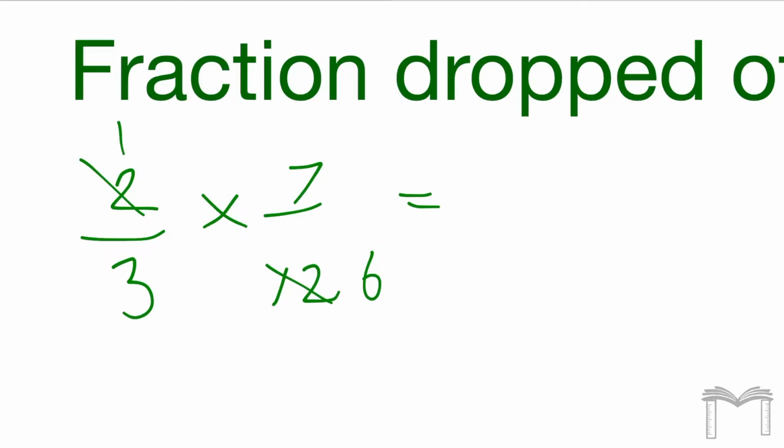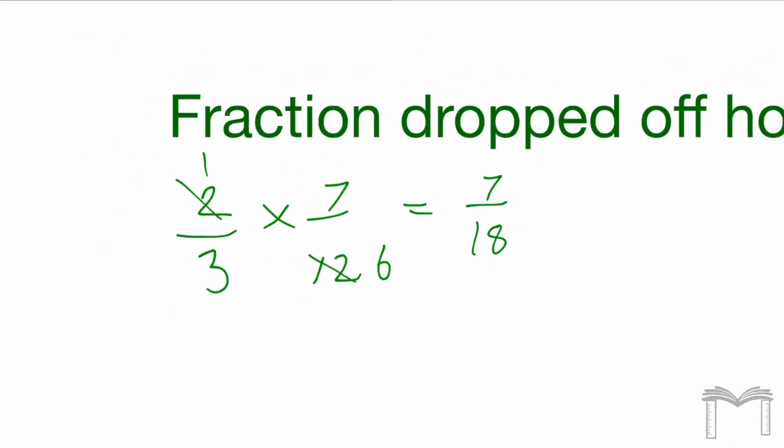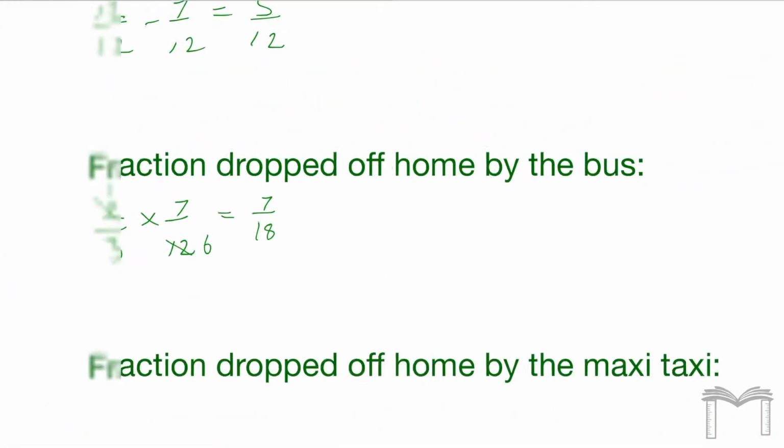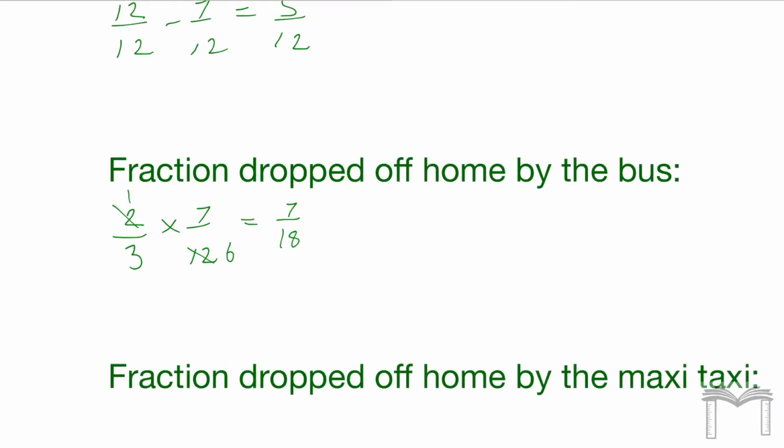So that's 1 times 7 is 7, 3 times 6 is 18. So that's 7/18 of the students dropped off home from the bus.